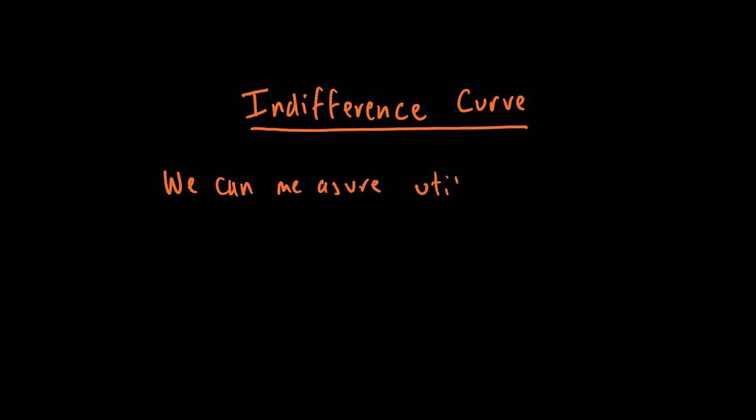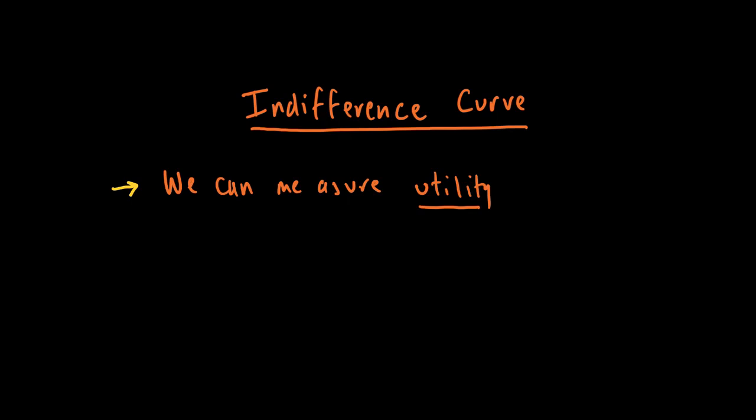In reality, this is not true. In reality, we cannot measure utility, and that becomes a big challenge when it comes to the equimarginal principle. So, we need to find a theory which is more realistic in terms of looking at consumer choice, and that's where the indifference curve comes in.